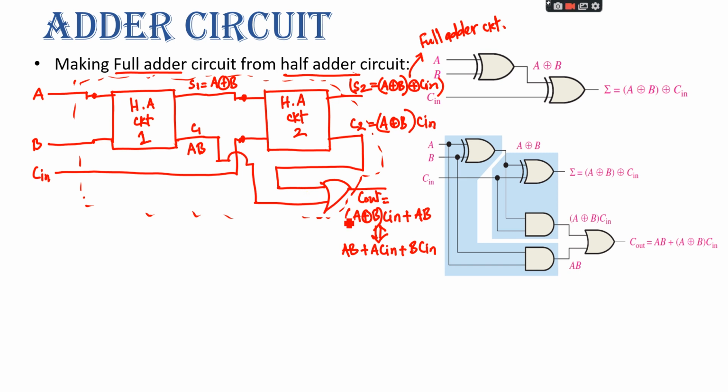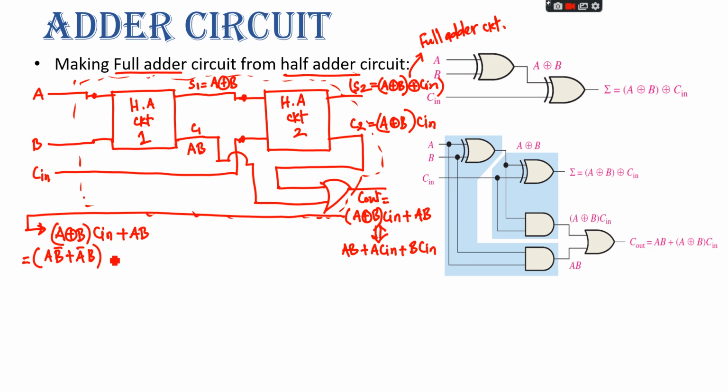So let's take this equation and write it down here. A exclusive or B multiplied by C in plus AB. So for this part, what we can write, A B bar plus A bar B multiplied by C in plus AB.